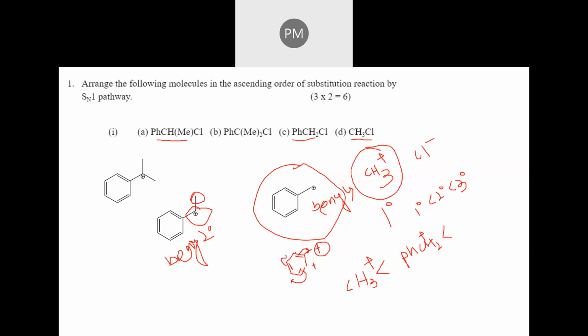So the benzylic 2 degree is the next one that is favored. Now the next one: the stability of this carbocation, because this one is a 3 degree carbocation and also has the benzyl group.